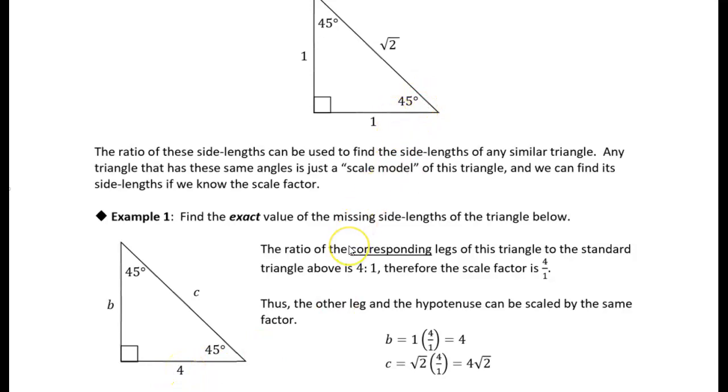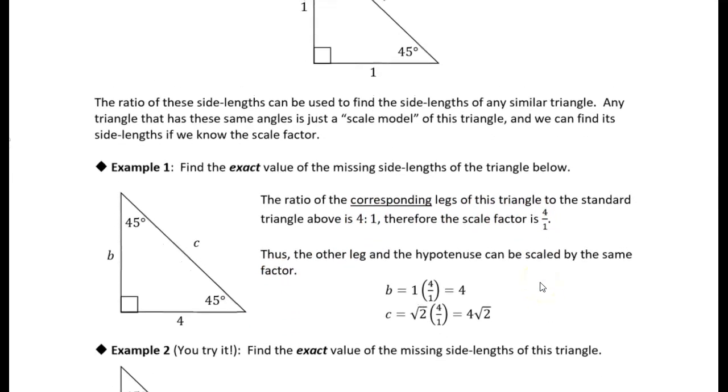So that just means that the whole triangle is scaled up by a factor of 4. So the scale factor is 4 because the ratio of these corresponding sides, this leg on the triangle in example 1 versus the basic 45, 45, 90 triangle, right? It's scaled up by 4 to 1. So the scale factor is 4 essentially.